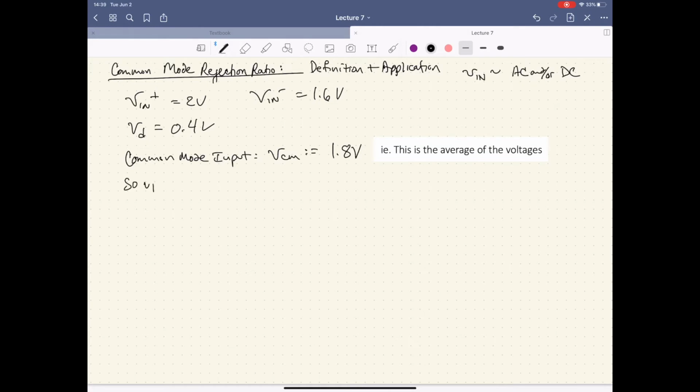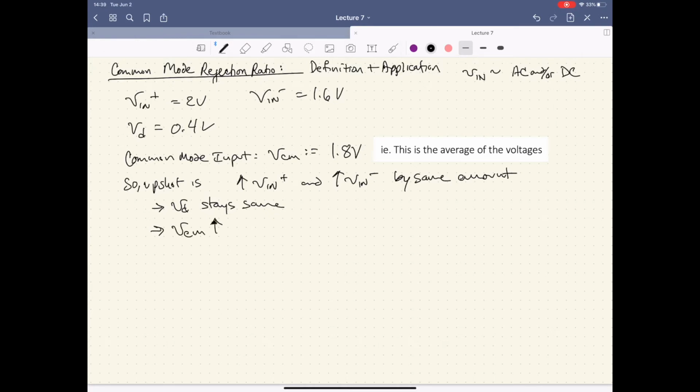So the upshot is that if we increase Vin plus and increase Vin minus by the same amount, we have the following. VD stays the same, and our common mode goes up. All right?